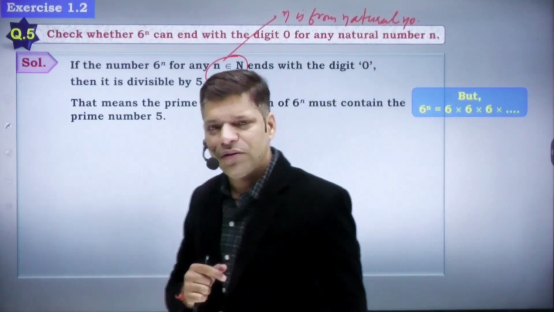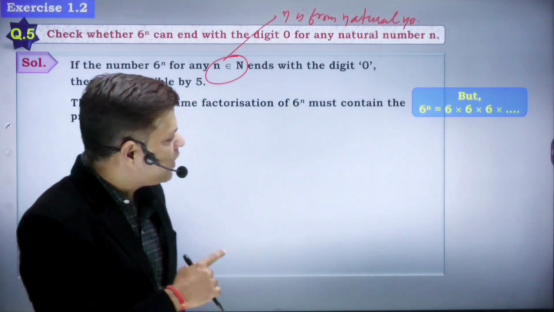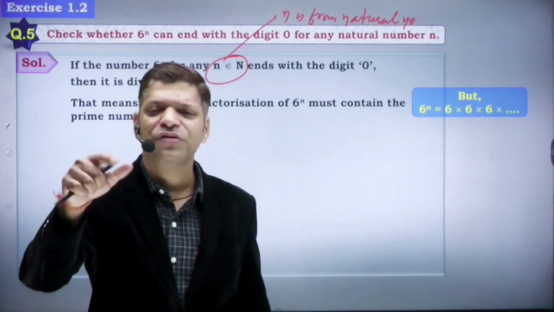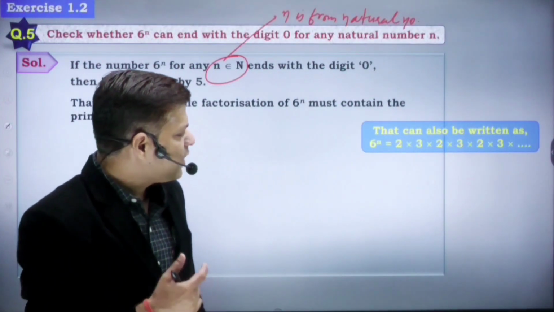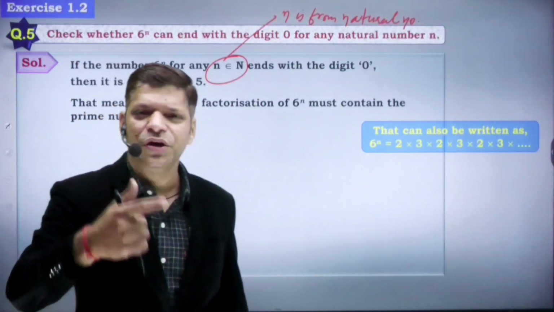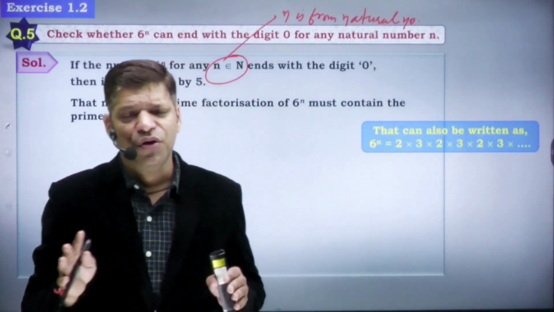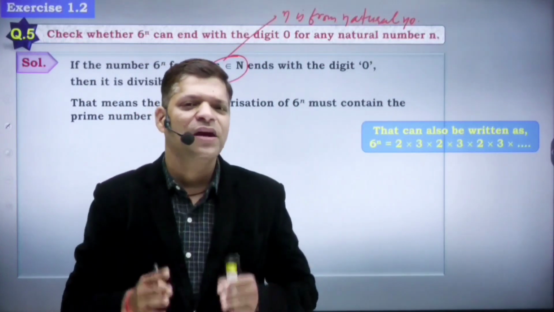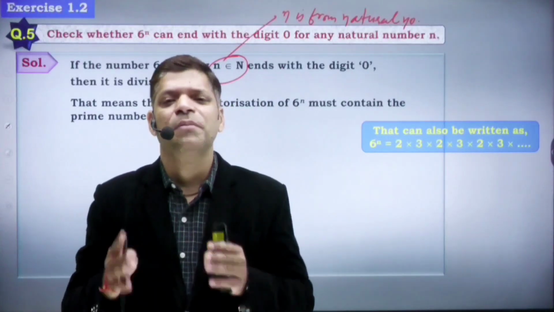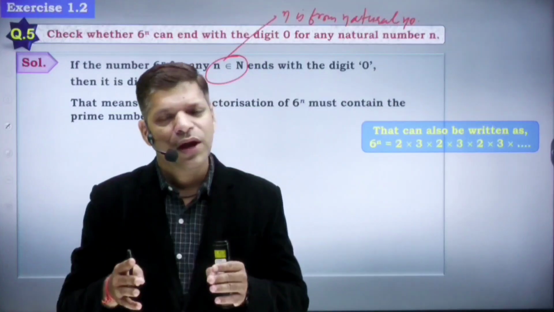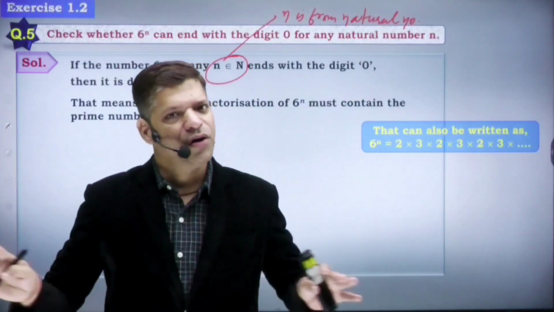But we know that 6 power n can be written in the form of 6 into 6 into 6 and so on. When we factorize 6, it can be written as 2 into 3, 2 into 3, 2 into 3. So we notice that in the prime factorization of 6 power n only 2 prime factors are repeating, 2 and 3, but not 5.